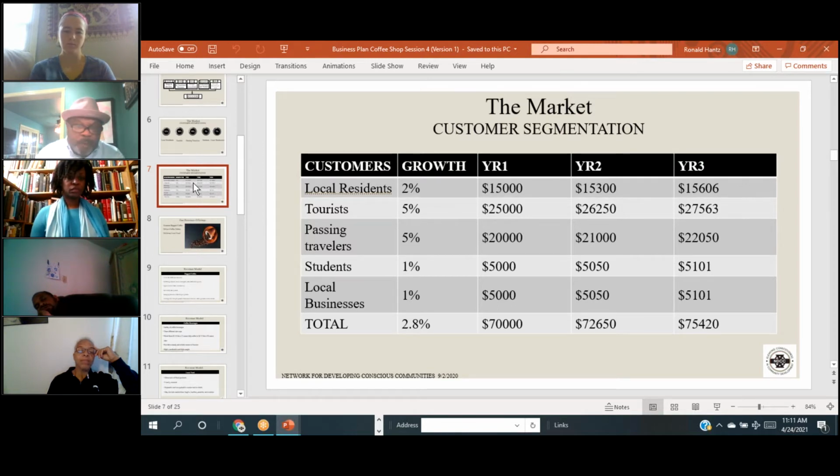So why is this important? Because for each segment of your market share and your customer share, you want to be able to grow. And so some of the things that Ms. Fun had mentioned about customer service, customer appreciation, and being able to survey your customer base are really important.